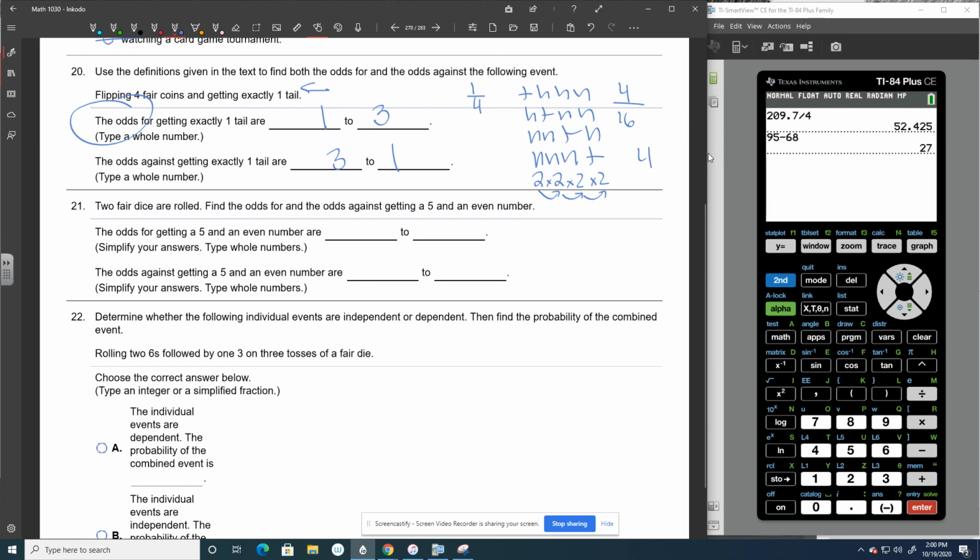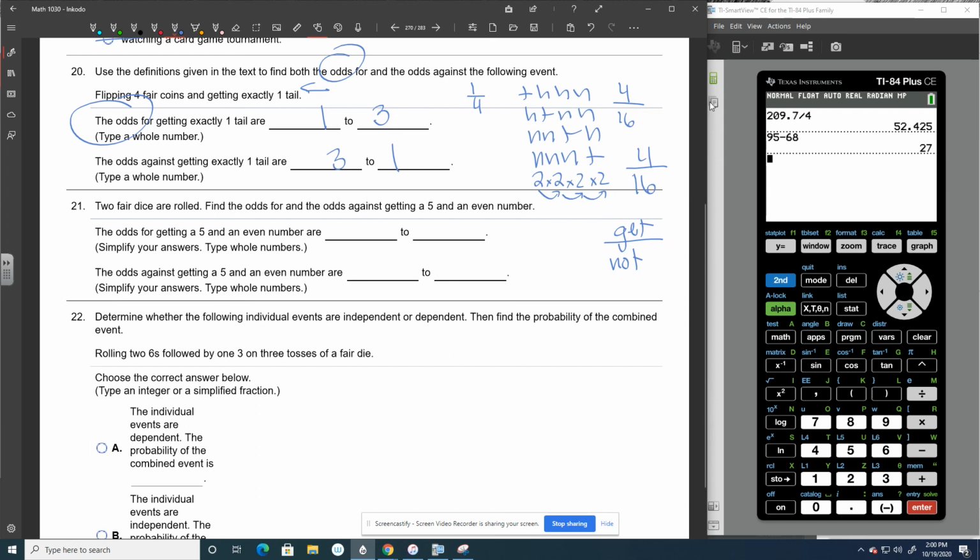Probability is 4 chances of getting it out of 16 total, but it's asking what the odds are. And the odds are the number of ways of getting it out of the number of ways of not happening. So there's 1 chance of it happening out of 3 chances of it not.